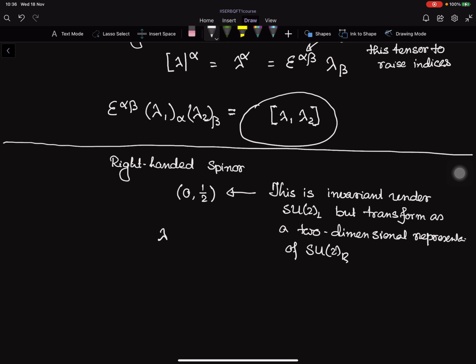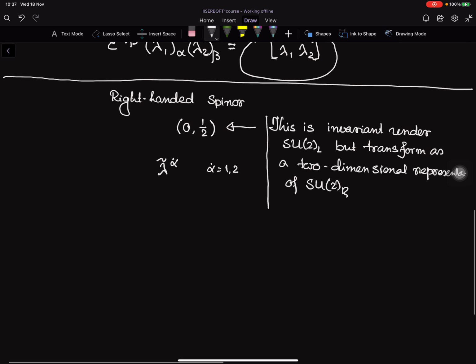We often denote these representations with a tilde, and we use the index alpha dot to make it different from the index of SU2 left. Again, alpha dot takes values 1, 2.